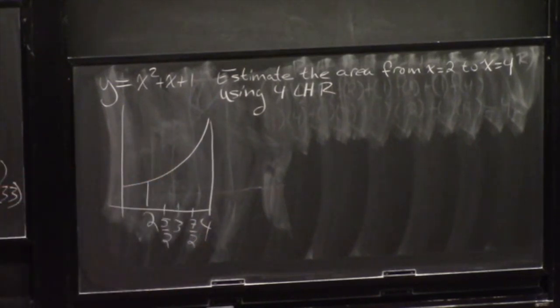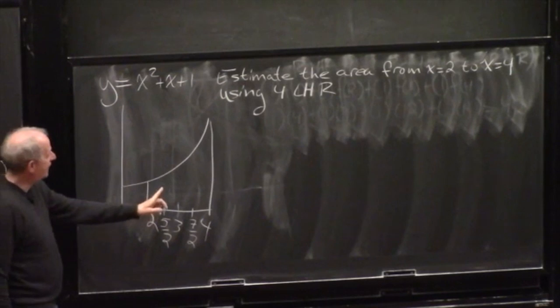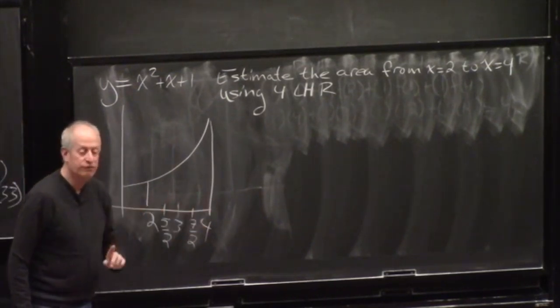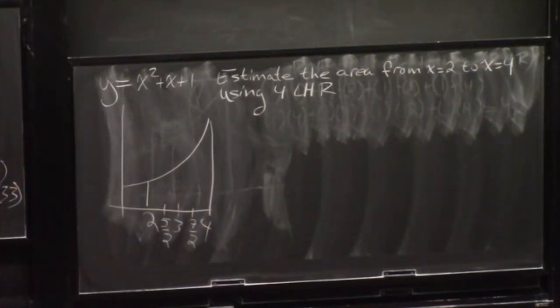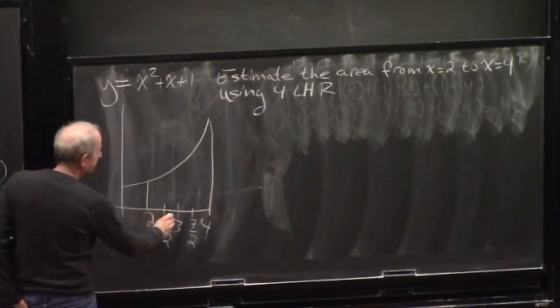So our x coordinates are more annoying. We start at 2, we go to 4, we cut that into 4 equal pieces. It's 2, 5 halves, 3, 7 halves, and 4. And then you get each rectangle by taking the left end. What's the left end of 2 to 5 halves?